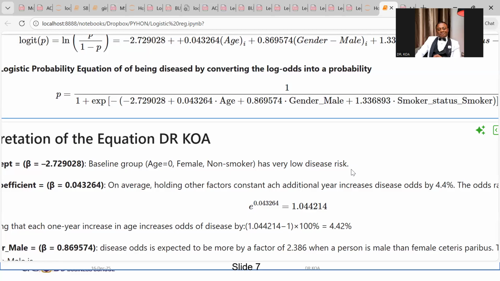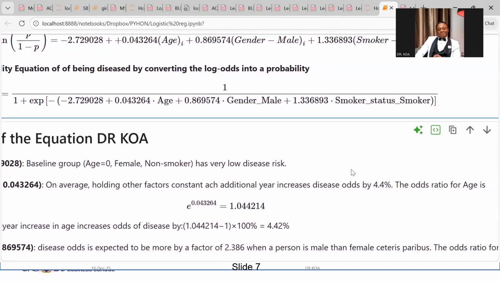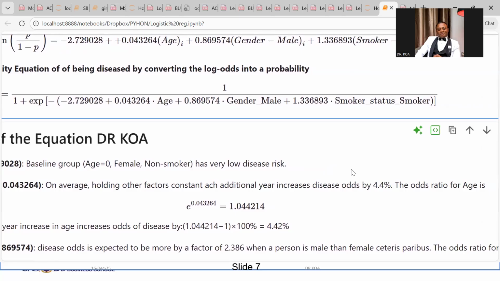So every year, the odds of getting a disease increase. The word odds must come. It increases the odds of getting the disease by 4.4%, because we have calculated the odds ratio as 1.044.